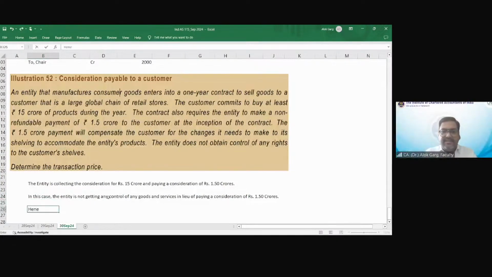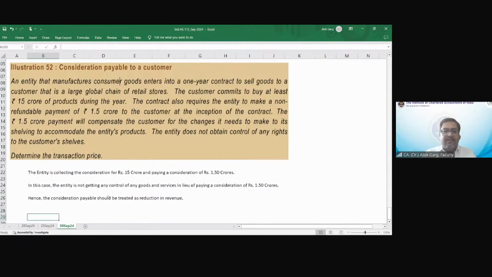Hence, the consideration payable should be treated as reduction in revenue, just like a cashback, payback, okay, revenue.